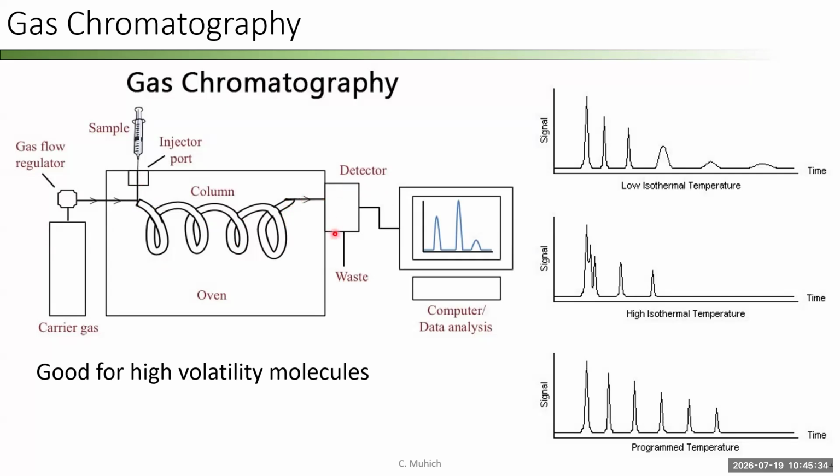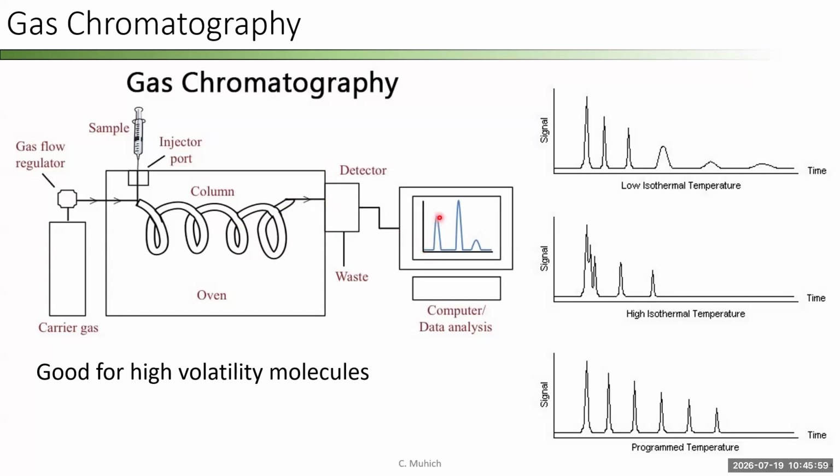And there's multiple different types of detectors. The key thing that I want to say is in all cases, the detector is really measuring differences in what's coming through the column. So there's the gas regulator. This carrier gas is coming through, coming through, coming through. Oh, now there's something different coming through.